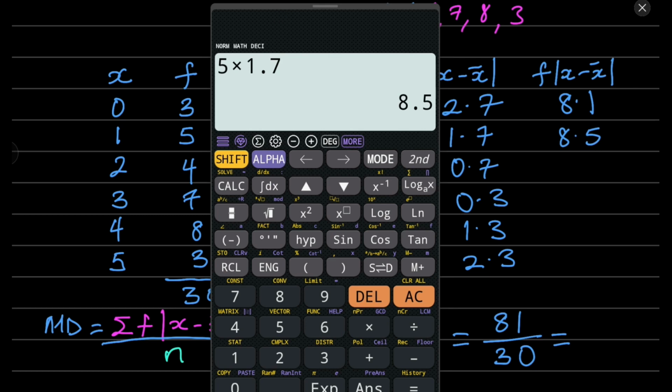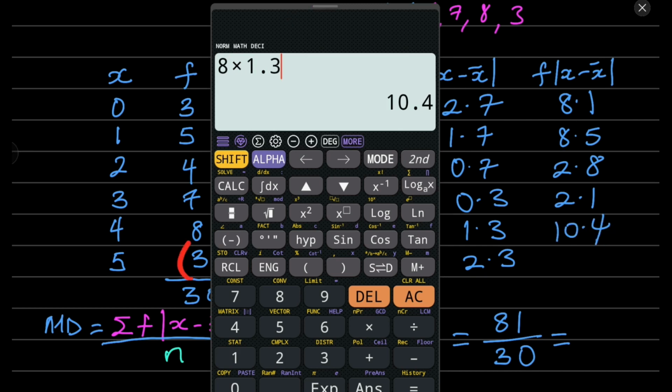The next is 4 times 0.7. We have 2.8. The next is 7 times 0.3, 2.1, followed by 8 times 1.3, we have 10.4.